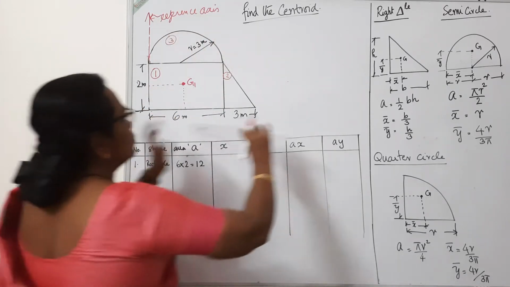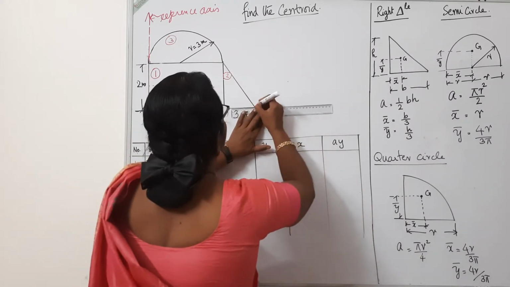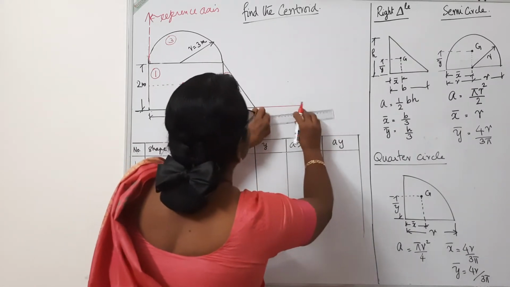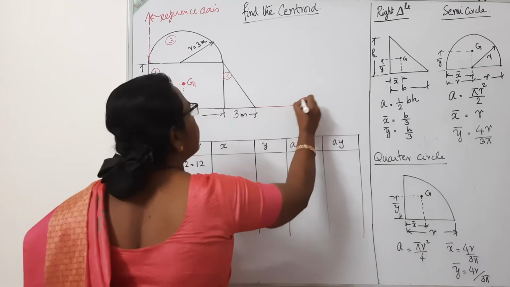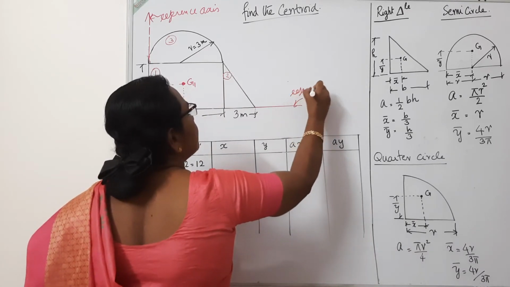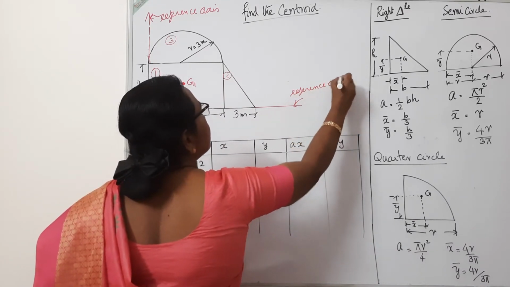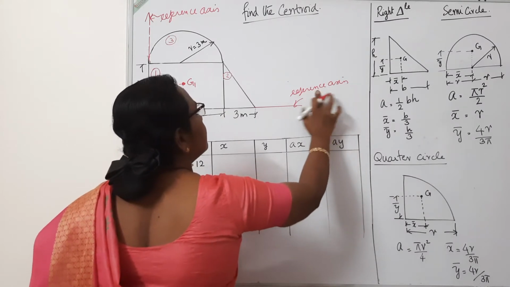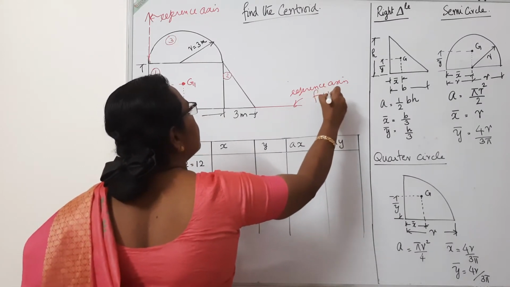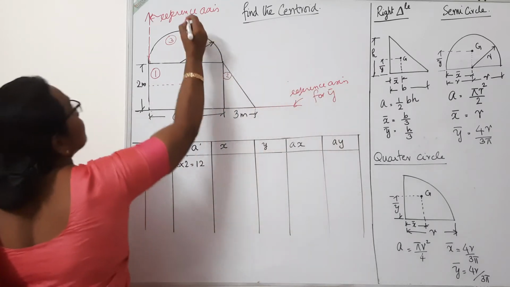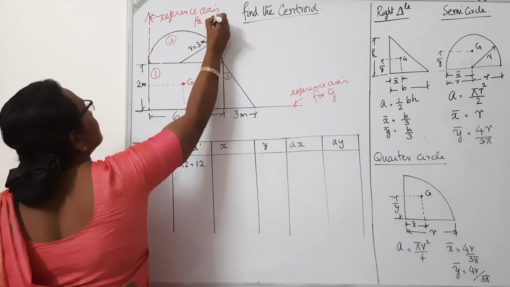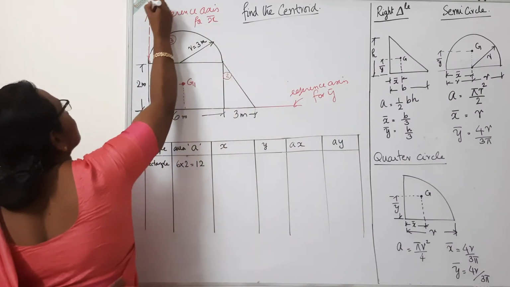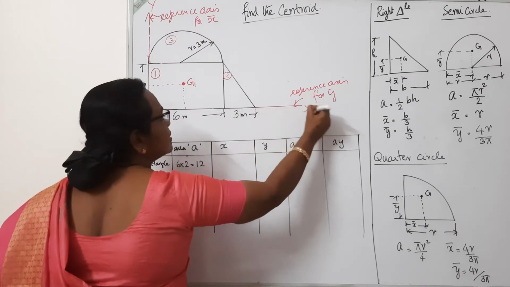And similarly the bottommost line is the reference axis for y bar. This is called the y axis, this is the x axis.